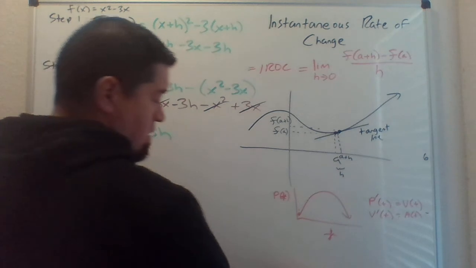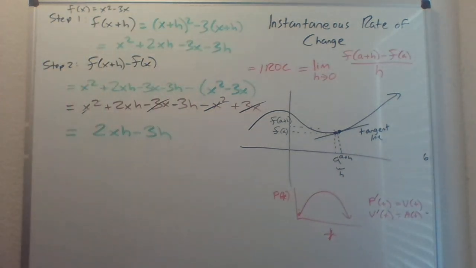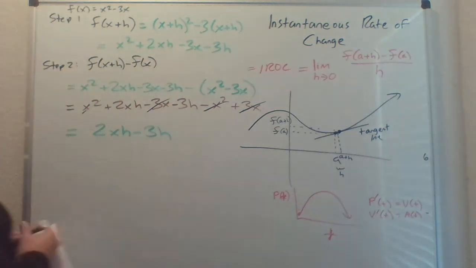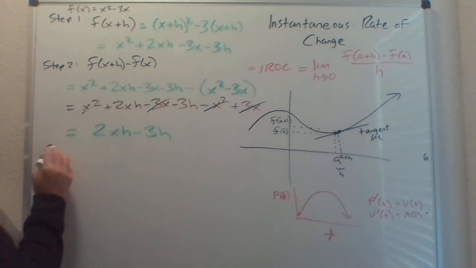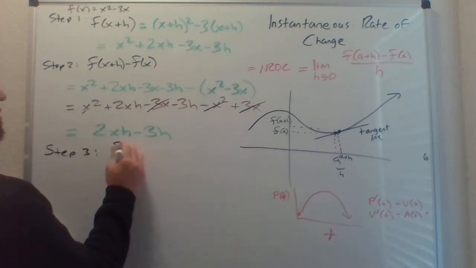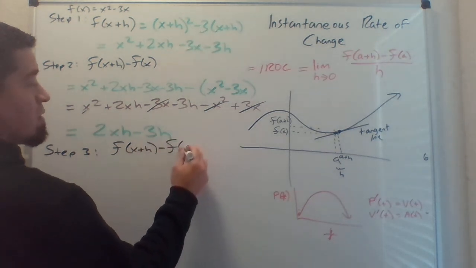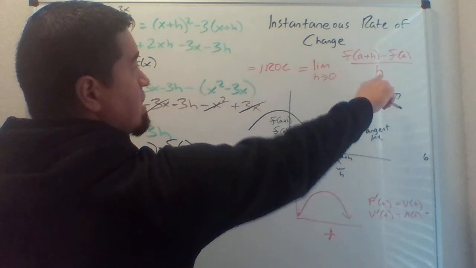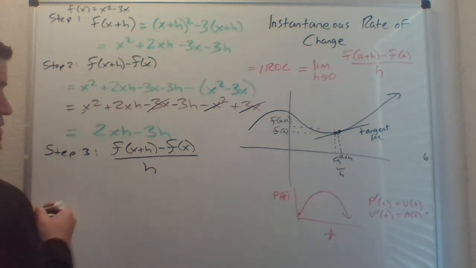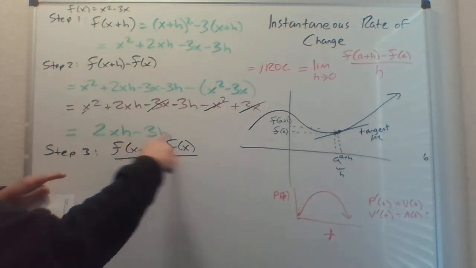Okay. Now step 3 is going to be to take it over h. Basically, the steps are just to guide you through the formula that was just shown up here. We're just trying to guide you through this formula. So this is already calculated, right?